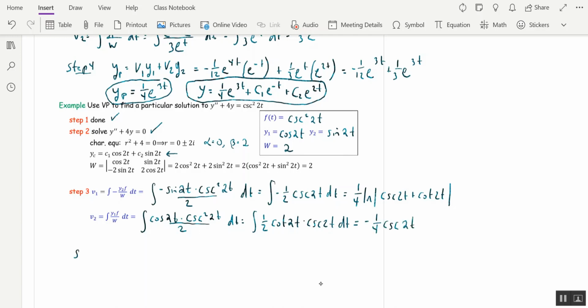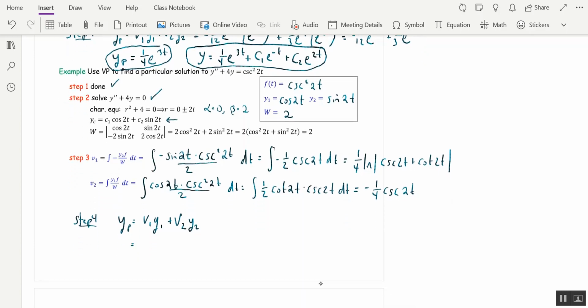Okay, step 4, yp is v1 y1 plus v2 y2. My v1 is 1/4 ln absolute value of cosecant 2t plus cotangent 2t. My y1 is cos 2t. And then I add on v2, which is negative, so minus 1/4 cosecant 2t.